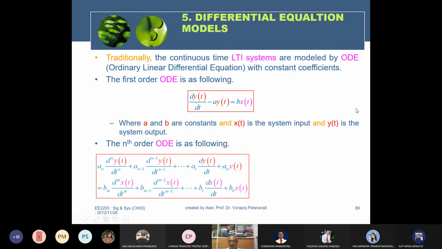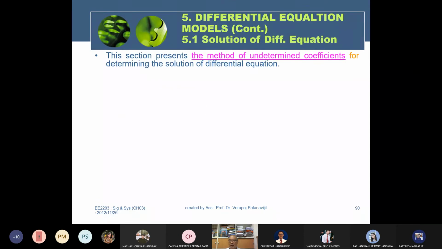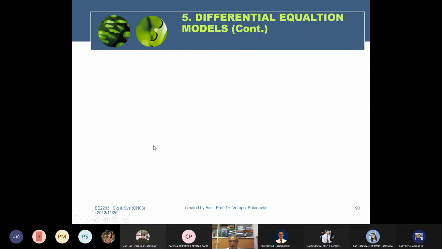For the nth order ODE, you differentiate y in time, and it may be compounded, consisting of lower differentiated terms, n-1 and so on. You can express them in this form. I think the way to solve the differential equation in the general form was already taught in the EE math, but in this class I will specify only the terms that you can distribute in the polynomial.